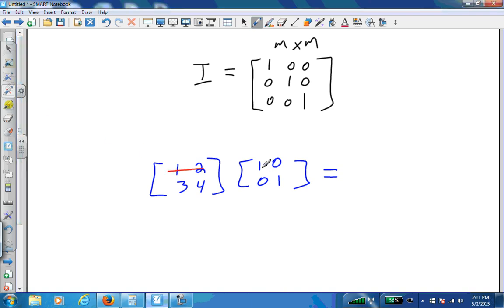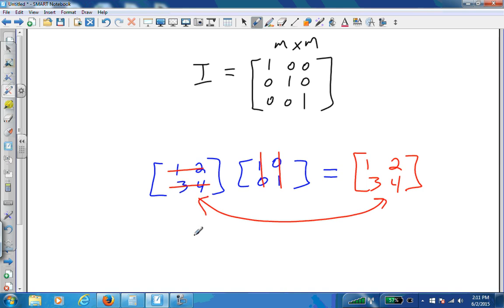So if we do row and column, we get 1 times 1, 2 times 0. This row times this column, we get 0 plus 2. This row and this column, 3 plus 0. This row and this column, 0 plus 4.